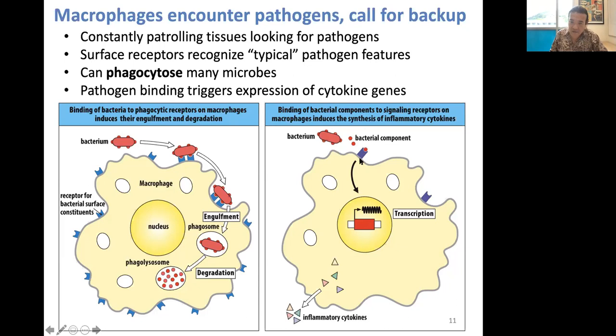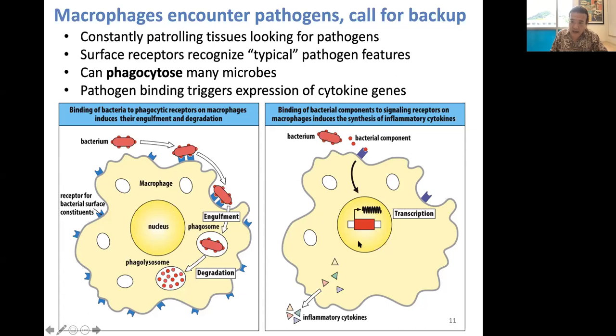And by activating the receptor can signal the nucleus of the macrophage and tell the macrophage, hey, we're picking up some evidence here of generic bacterial features. Maybe we should go ahead and start waking up other cells and let the immune system know that something is going on.